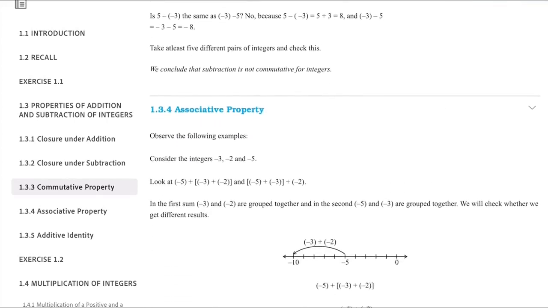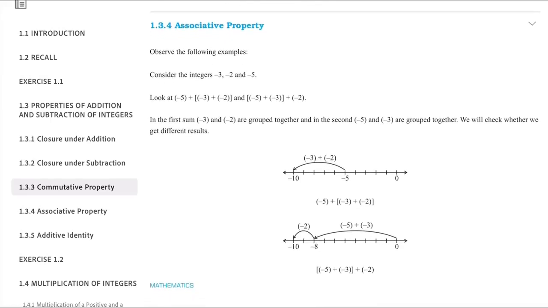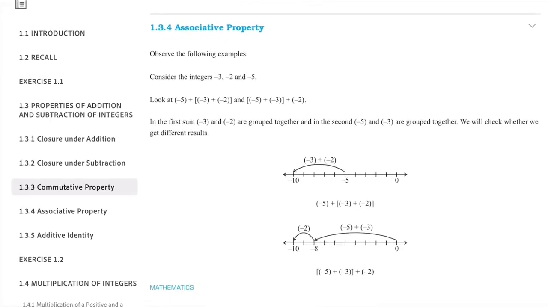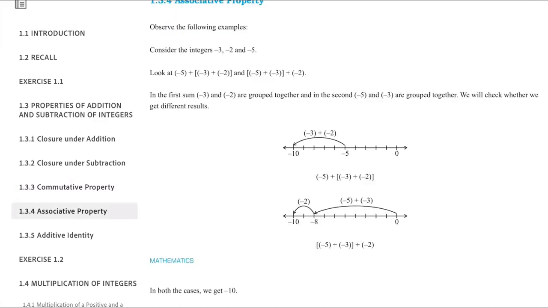Now let's know about the associative property, which is our property number 3. Friends, in this property, if we have two integers minus 6 and minus 3 and we add them, the result is minus 9, and if we then add 4 to this result, we get minus 5.